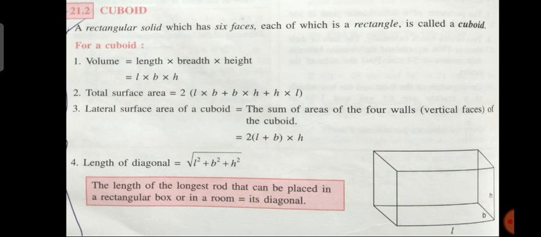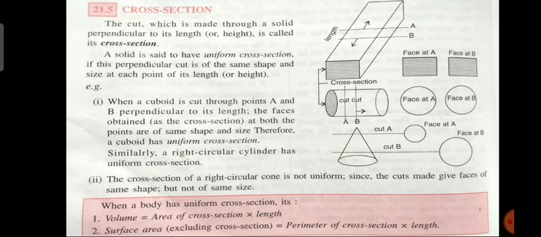Okay, and then write what cross section means, and the uniform cross section, and the two types of examples that are given for you, and if possible you can draw the pictures also, and then the important two equations for finding the volume and the surface area of a uniform cross section.